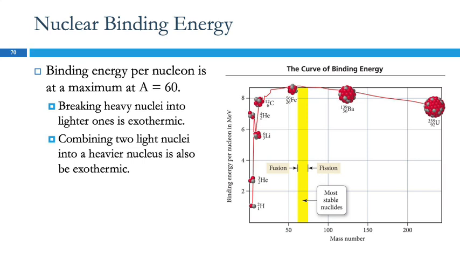If we combine 2 light nuclei into a heavier nucleus, that is also exothermic. Man, I'm just finding typos all over the place. How many years have I used these slides?